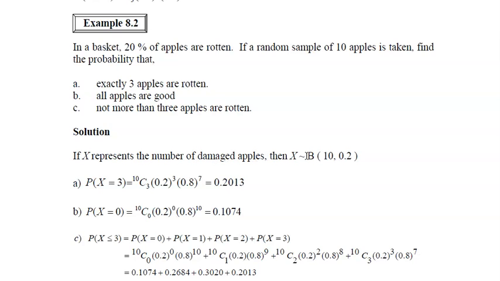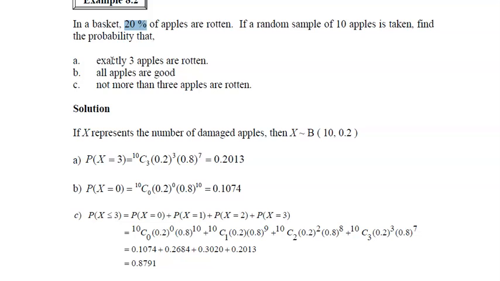So the binomial distribution here has a sample of 10 apples, and 0.2 comes from the 20% of apples that are rotten. Since we want exactly 3 apples rotten, X is equal to 3. For all apples good, we have no rotten apples, so X is equal to 0. And not more than 3 apples are rotten.